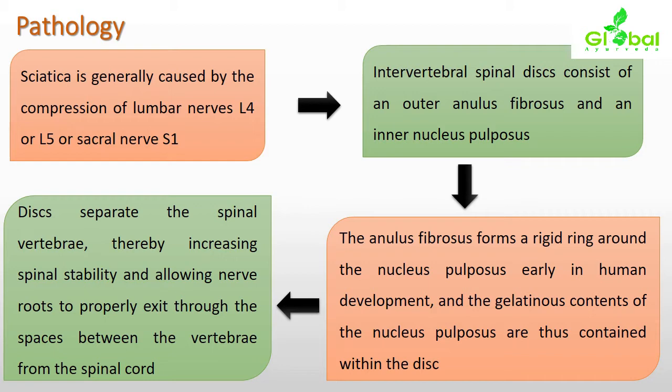Discs separate the spinal vertebrae, thereby increasing spinal stability and allowing nerve roots to properly exit through the spaces between the vertebrae from the spinal cord. Because of this specific separation and alignment, there will be increased spinal stability, and the nerve roots can properly exit through the spaces between the vertebrae.